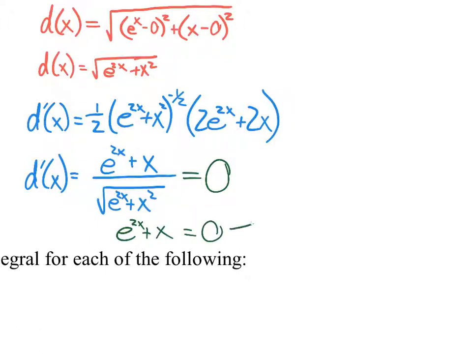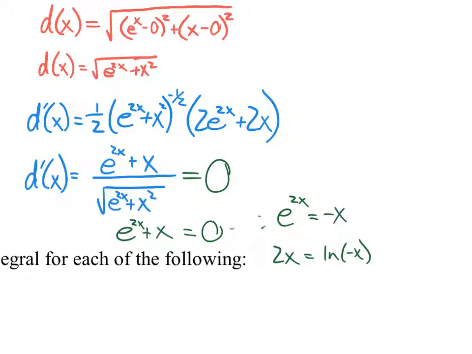And like I said, we're going to get a little stuck here. If we did e to the 2x equals negative x, we don't really have a good way of solving that. We'd have 2x equals ln of negative x, but even that, there's nothing we could really do. So this is where calculator active is helpful.